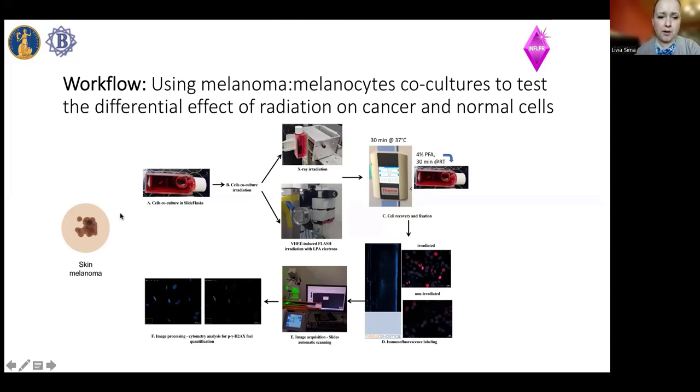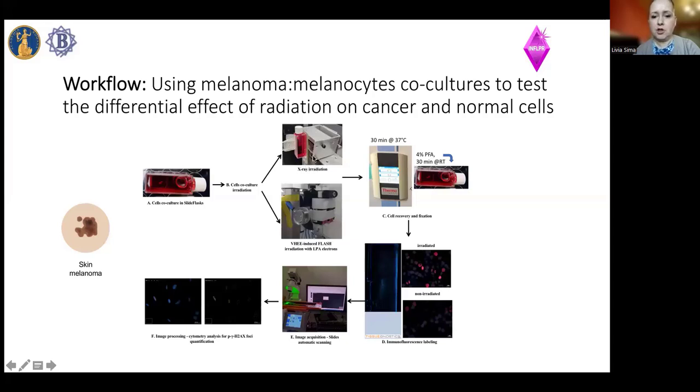For this, we have co-cultured cells in a slide flask that is a very tight sealed container able to be used for 15 minutes irradiation in an incubation chamber in a flash setup as compared to a conventional X-ray radiation facility.